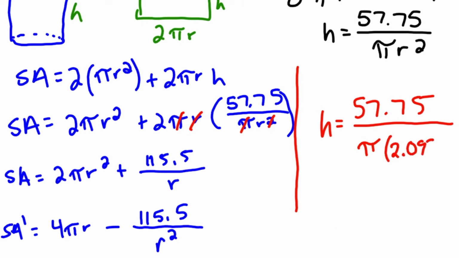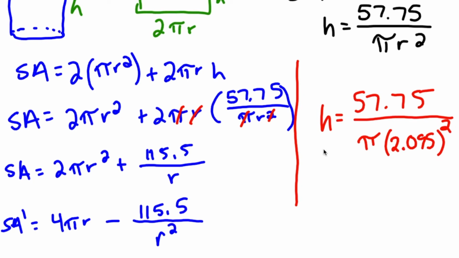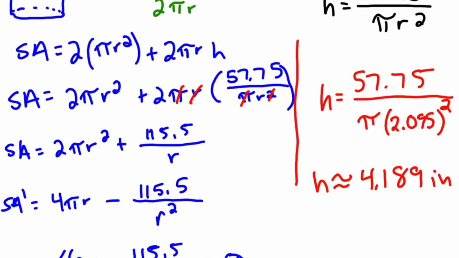It doesn't really matter. I used the exact number when I did my approximation, so my number may be a little bit off of yours, but I think maybe to 3 decimal places it might still be the same. I don't really know. Like I said, I just left the number in there, and I got 4.189 inches for the height. So those are the dimensions you were looking for.